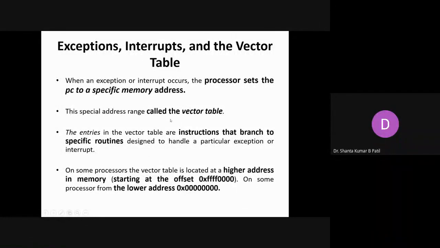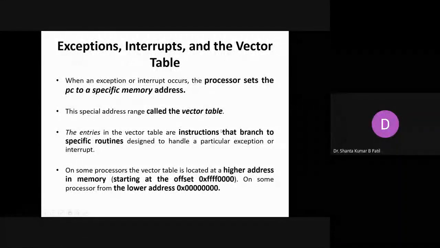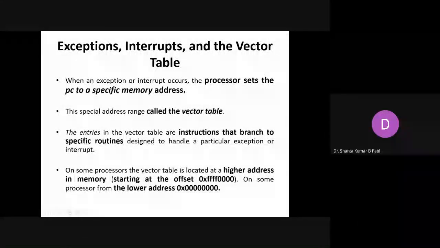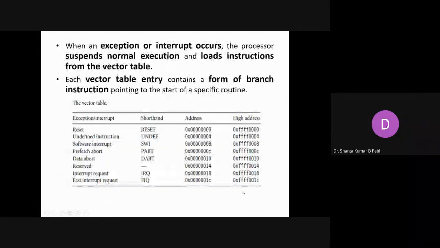As I told, these are like pointers to the ISRs. So whenever an interrupt occurs, it immediately calls the ISR of the particular device. On some processors, the vector table is located at a higher address. That's what I told you, or a lower address.